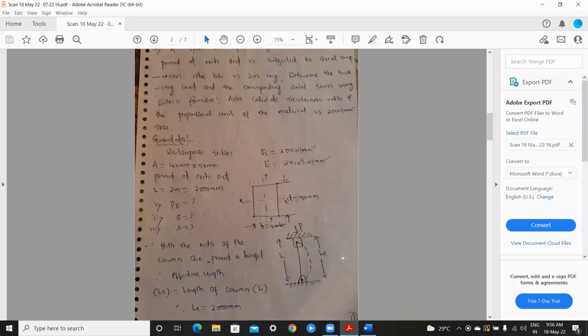If both sides are pinned, the effective length will be the same. So there is no L by 2. If L by 2 or L by root 2, that is a different condition. The bar is 2 meter long, so the effective length will be 2 meter only. Why? Because it is pinned at each end. Whenever the force is applied, the bending of that member is exactly over the total length, meaning effective length in this case.